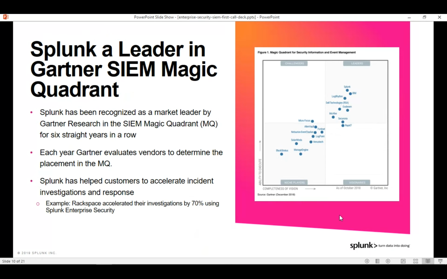Then fraud activity, which involves legitimate credentials but suspicious behavior, etc. Mainly user and entity behavior based attacks. So if you see, even for the last 6 years, Splunk Enterprise Security has been a leader in the Magic Quadrant for SIEM.